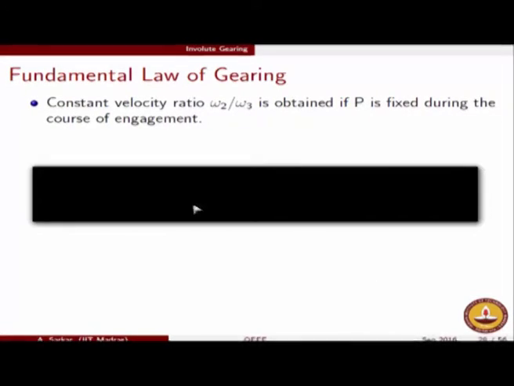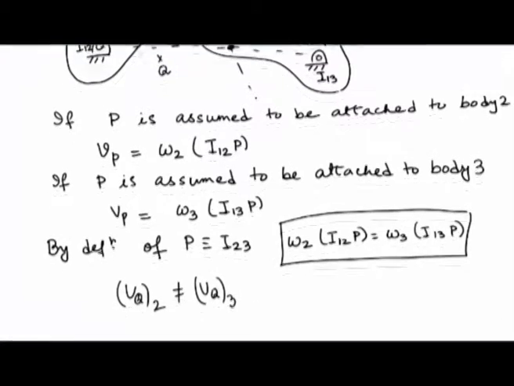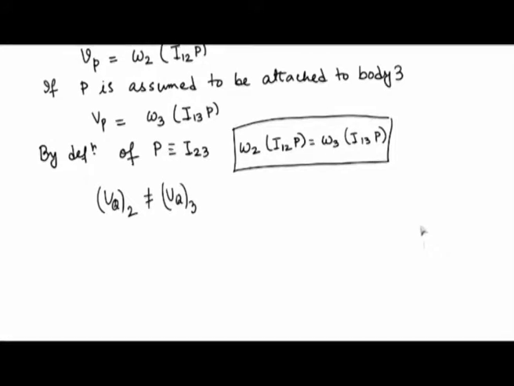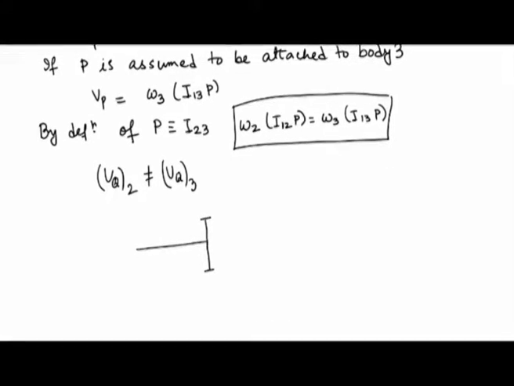Let me again illustrate what I mean through some writing. So let us consider two gears. This is one gear, the input gear, and this is the output gear. We understand the input gear will have angular velocity omega 2 and the output gear will have an angular velocity of omega 3.